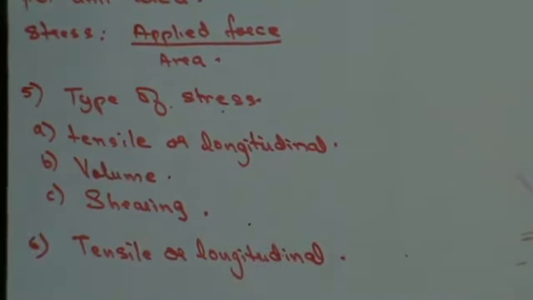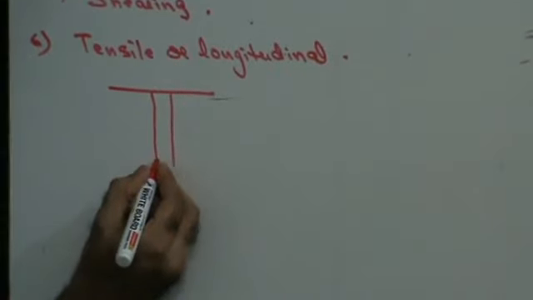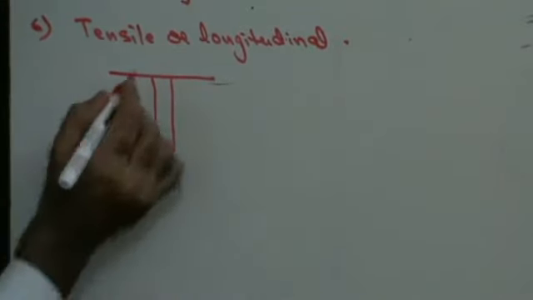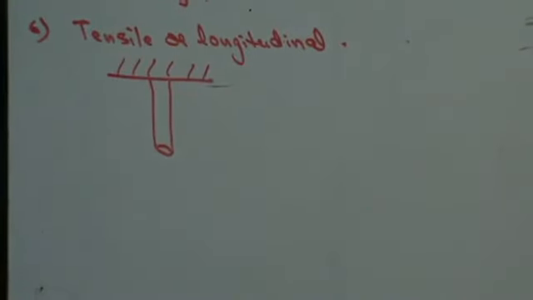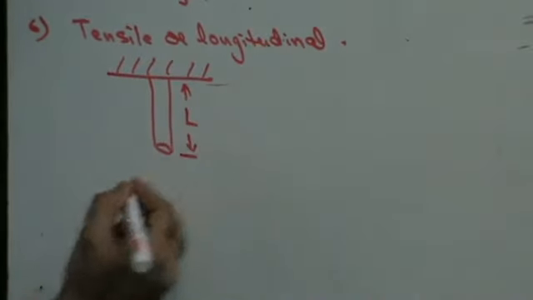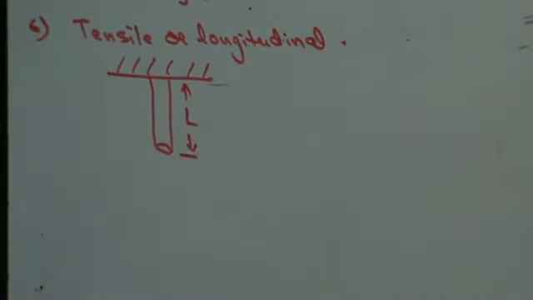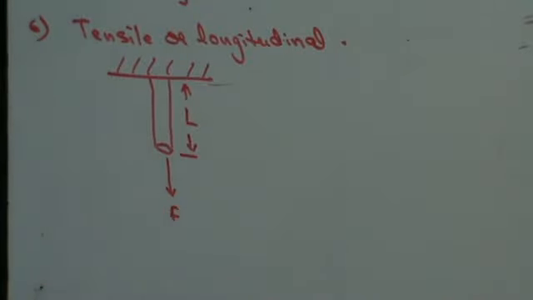Suppose I have a body which is connected through a rigid support. Let's assume I have this wire that is connected from a rigid support. Let us assume that L is the original length of the wire. Let us assume that some force is applied here. F is the force that is applied downwards.